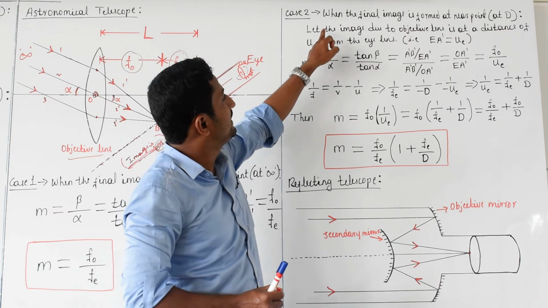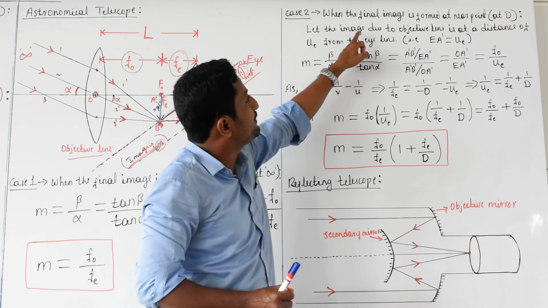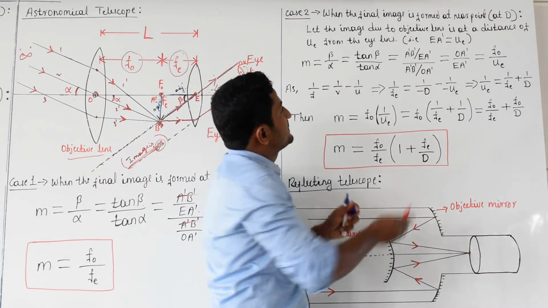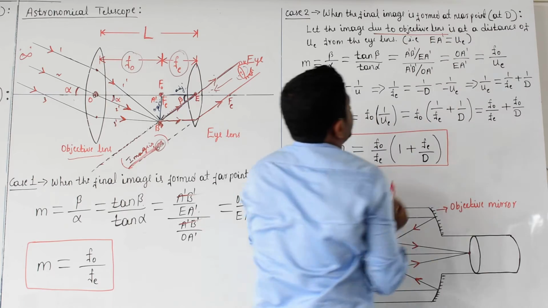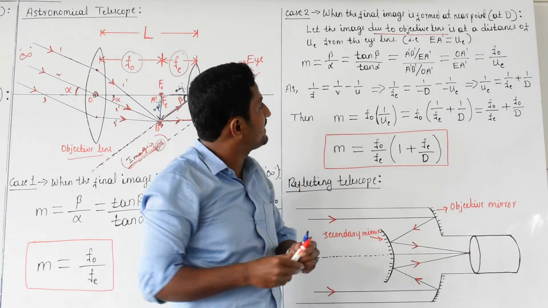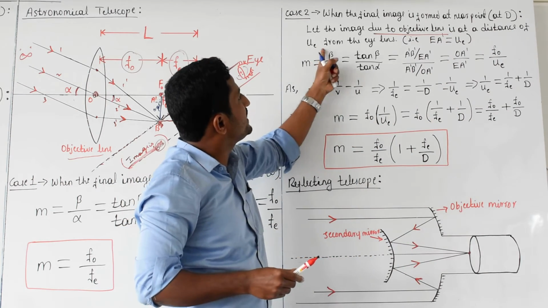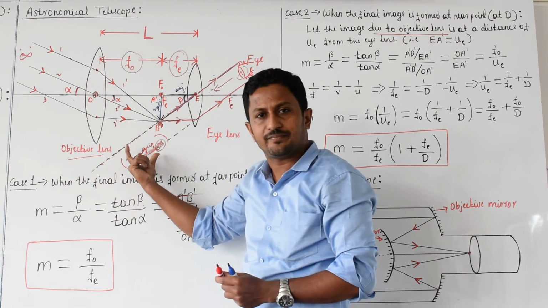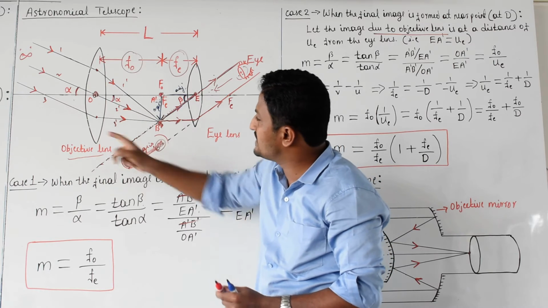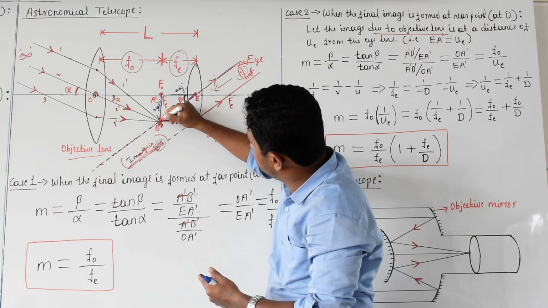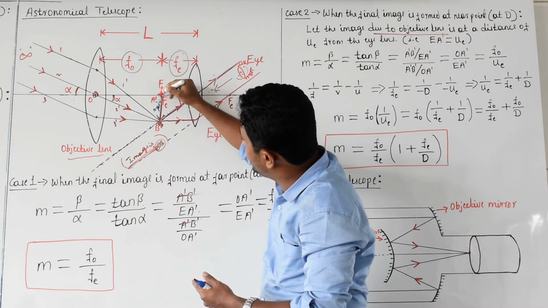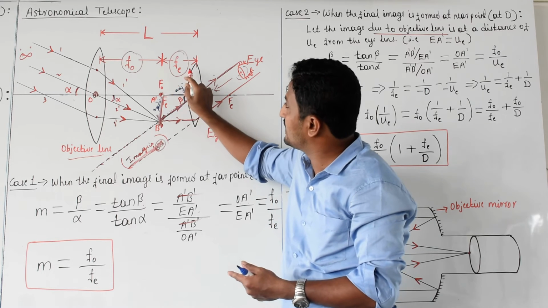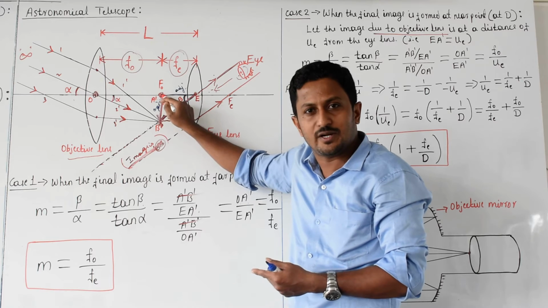Let the image due to the objective lens be at a distance UE from the eye lens. Look at this diagram. The image by the objective lens is this A'B'. Right now, this is at the principal focus point.